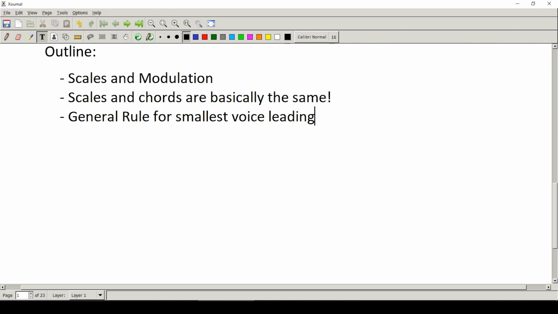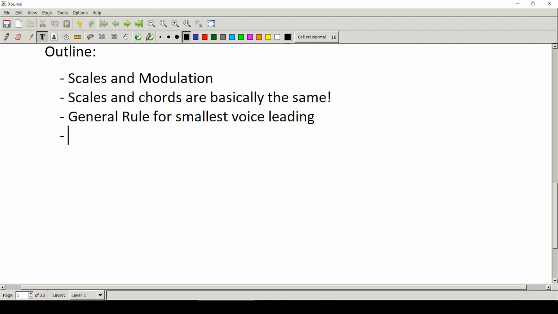But that focuses just on specific types of triads, major, minor, and then eventually augmented triads. We're going to want a rule that will guide us for any kind of collection of notes, whether it has 2 notes or 3 notes or 7 notes or, in principle, 19 notes. We can actually formulate a general rule that helps you to find the smallest voice leading between chords of any arbitrary type.